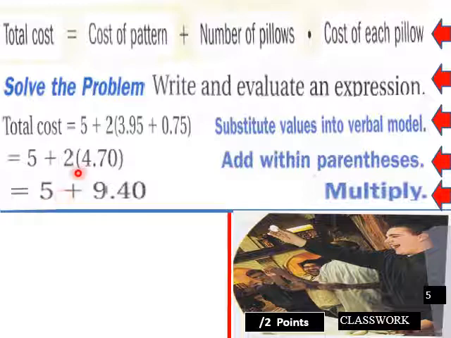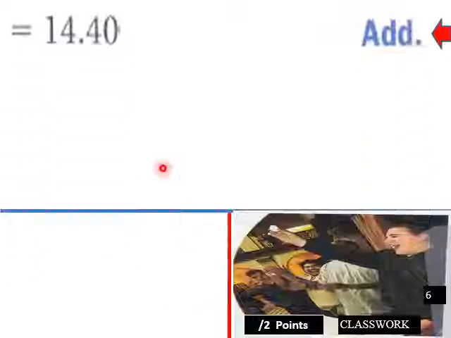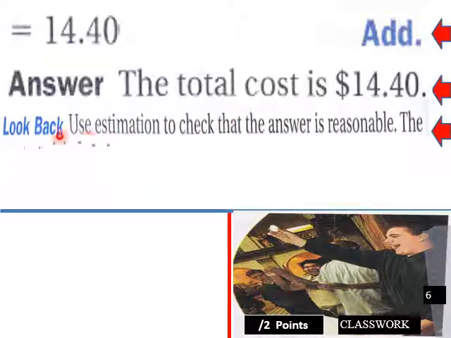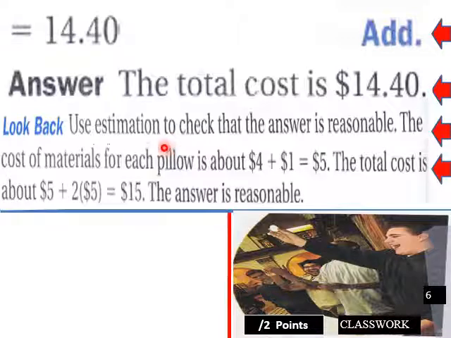And then when we multiply here, we get 5 plus 9.40, which is, what's 5 plus 9.40? It is $14.40. So the total cost will be $14.40 for the job. Use estimation to check that the answer is reasonable.